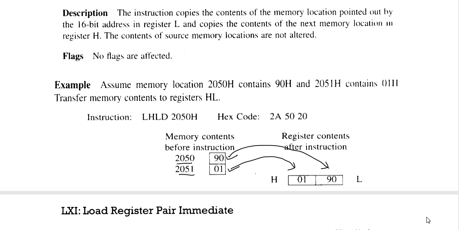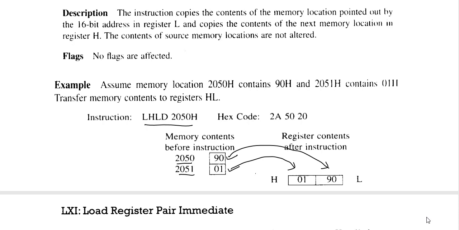If we talk about machine cycles, since it is a 3 byte instruction, obviously it has at least three machine cycles: opcode fetch, memory read, memory read. Now we will see what operation is carried out. We are reading the data from this location and moving it to the L register, and from the next location to the H register.